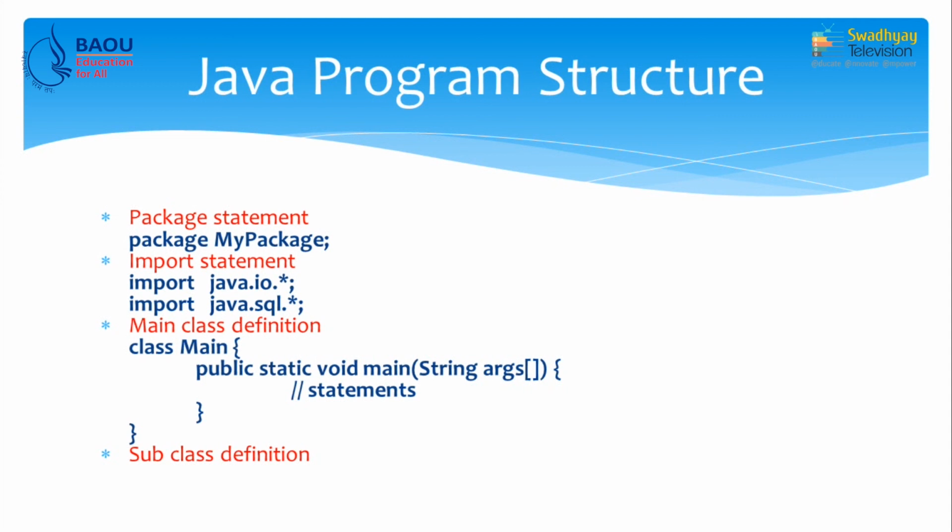Package statement is also optional, but it is highly recommended that you put all the classes inside a package. Then, as we discussed earlier, Java is purely object oriented programming. So, there should be at least one class, and this is the main class. You can see here our class Main includes the main method.